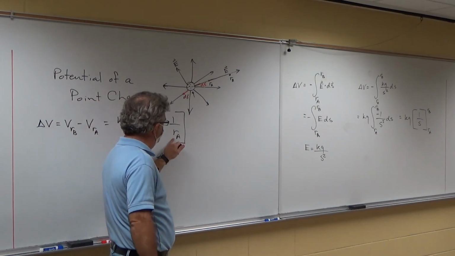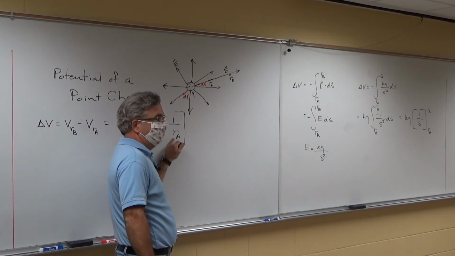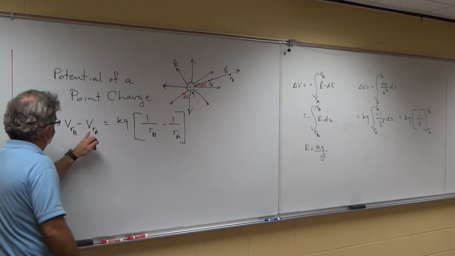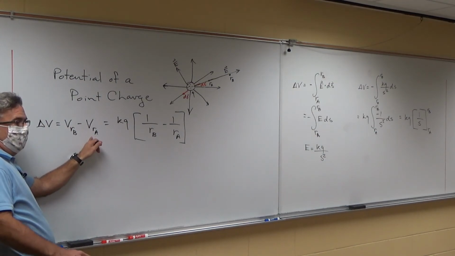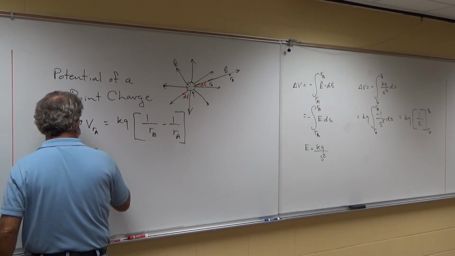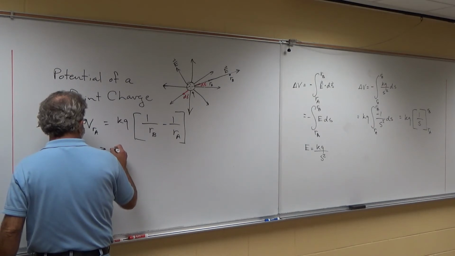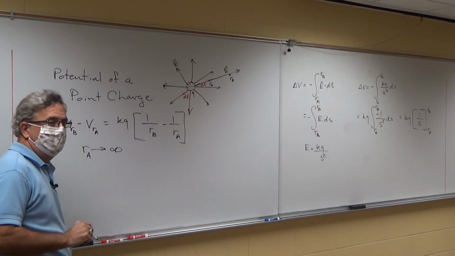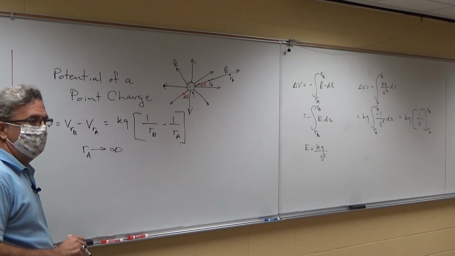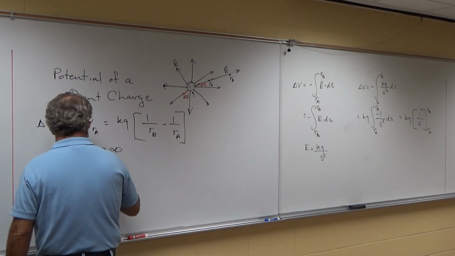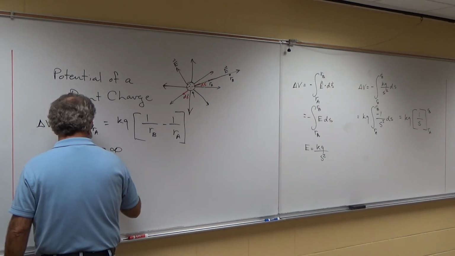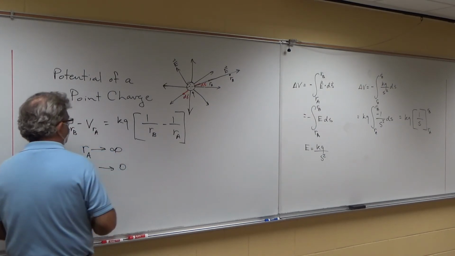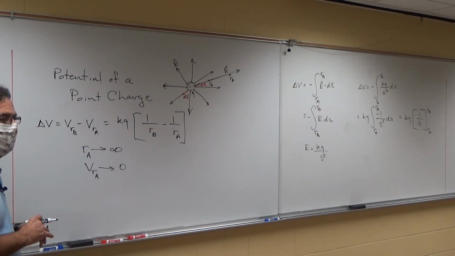I'm going to let RA go to infinity, okay, and V at RA go to 0. So as RA goes to infinity, that term goes to 0. That's okay. V at RA goes to 0. Okay, those are the limiting cases.